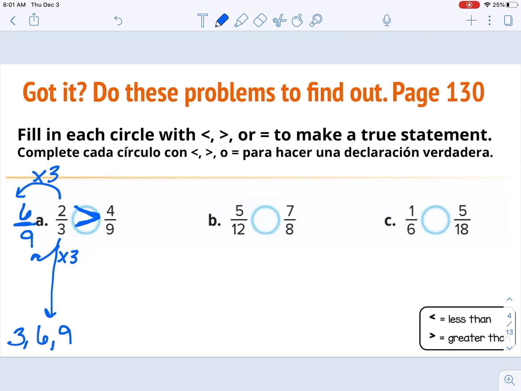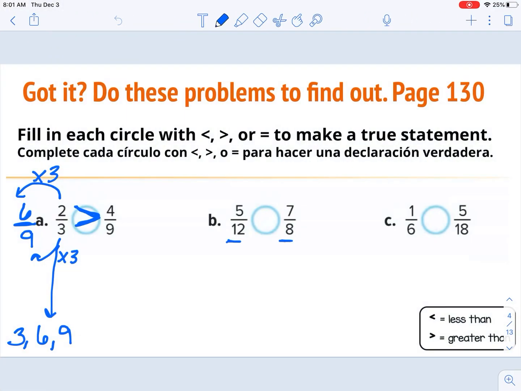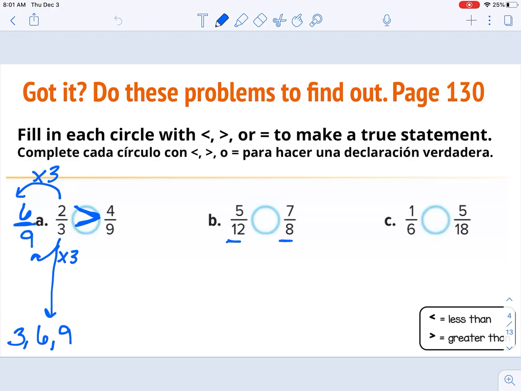All right, let's do the next one, B. We have the number 12 and the number 8 again. Well, I remember from the last example that the least common denominator of those two numbers was 24. So I know right now that I can change them to 24. To get from 12 to 24, I'm doubling or multiplying by 2. So I need to multiply by 2 in the top and the bottom.